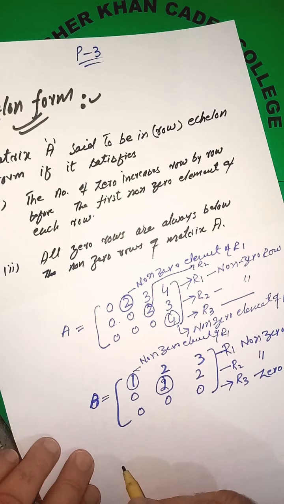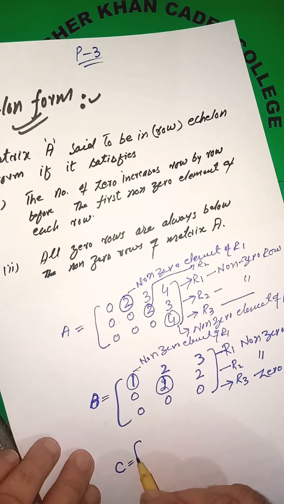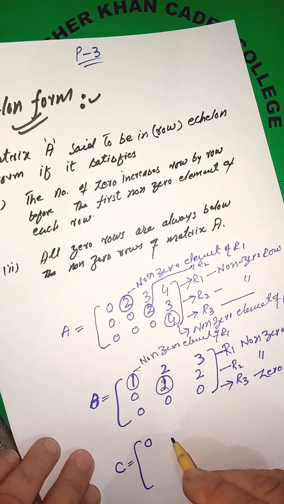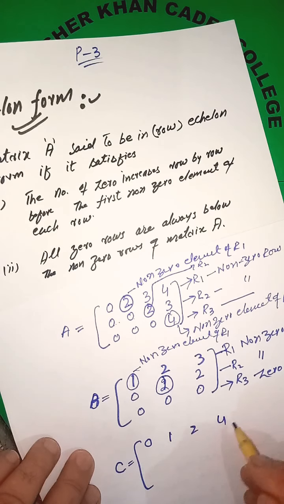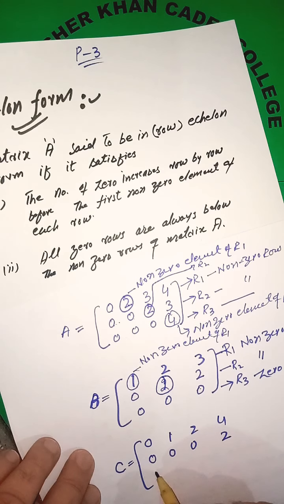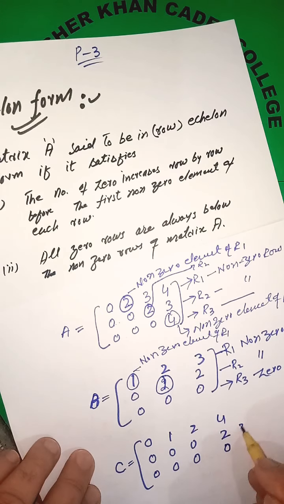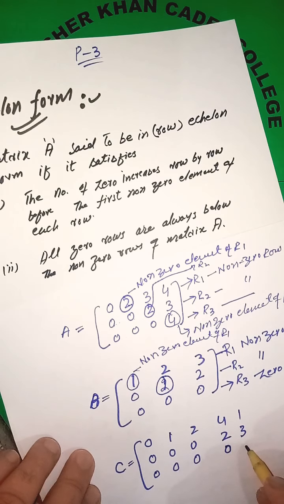Another example, let's suppose C: 0, 1, 2, 4; 0, 0, 0, 2; 0, 0, 0, 4.